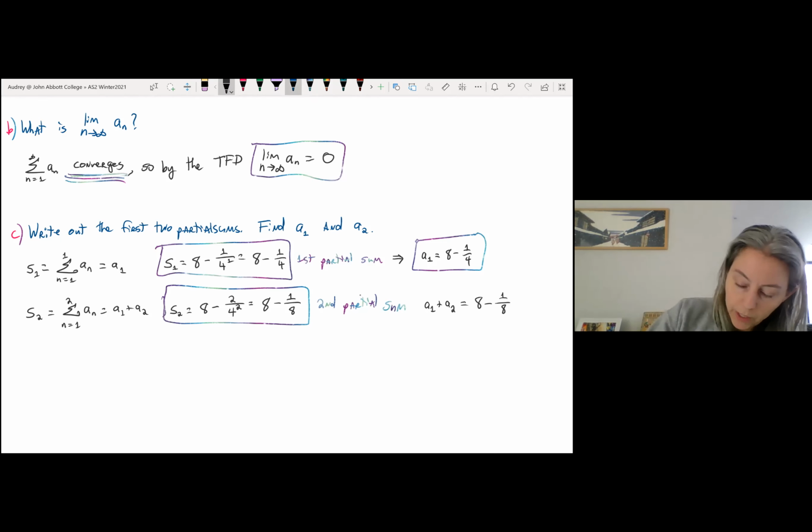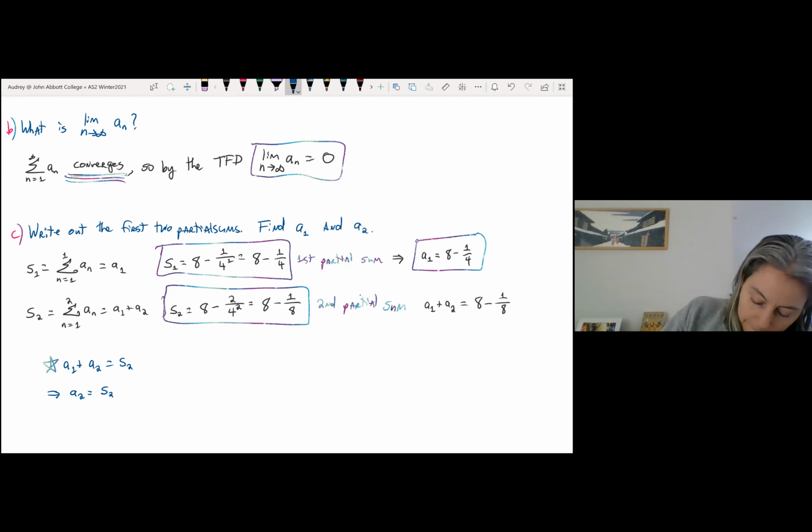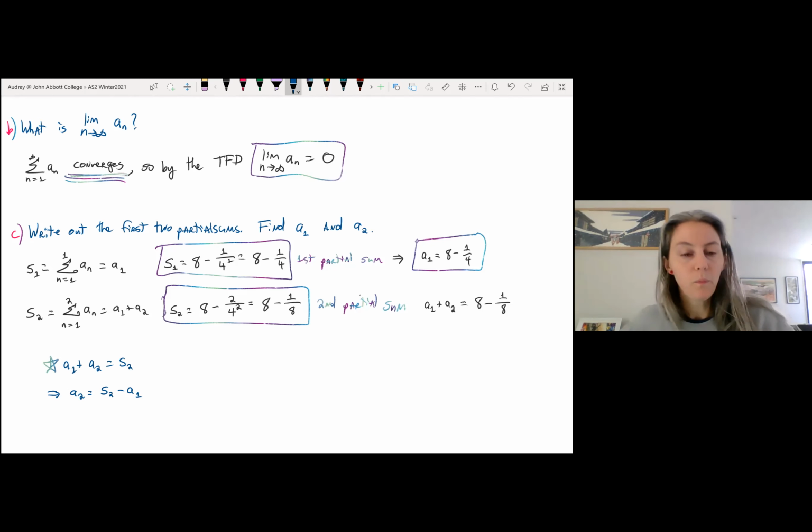So in other words, just to make this clear, we're saying that a sub 1 plus a sub 2 is equal to S sub 2. So a sub 2 is equal to S sub 2 minus a sub 1.